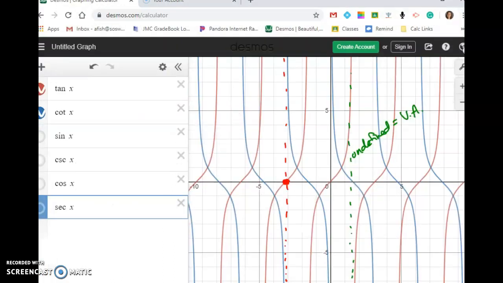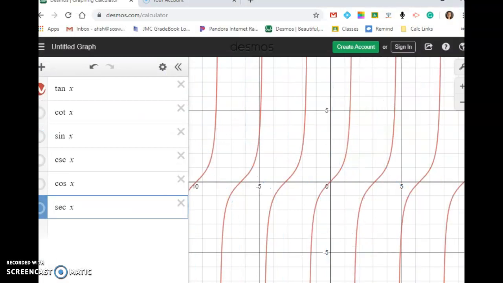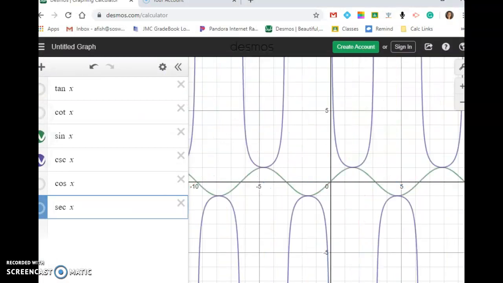Looking at sine and cosecant together, notice here the green is my sine function, that's my wave. The cosecant is obviously my blue u's that are going back and forth there.